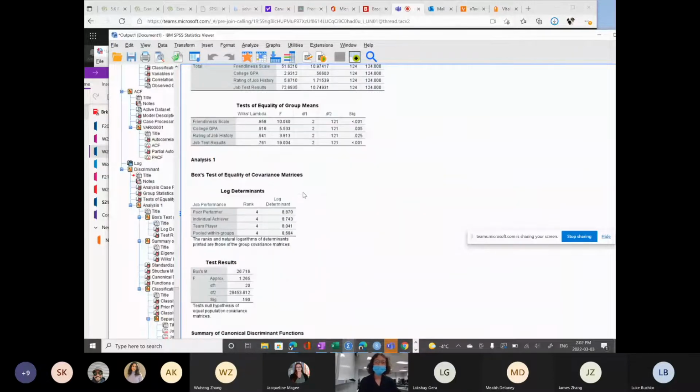And the next table, a test of equality of group means. In this table, we have a new terminology, Wilks' lambda. Wilks' lambda, basically, let me just try to write down something here.